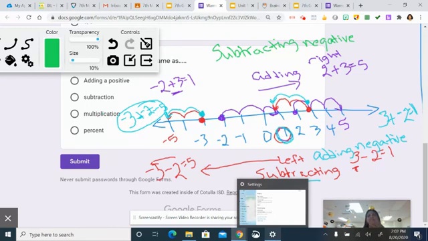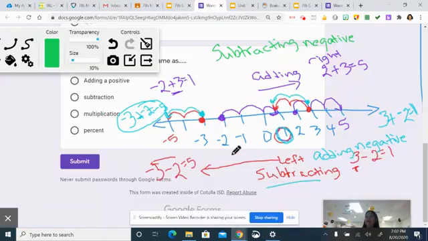So even though we have four different things, they can only move in two directions. So if adding a negative is the same as subtraction, what do you think subtracting a negative would be like? The same as adding. Subtracting a negative is the same as adding.